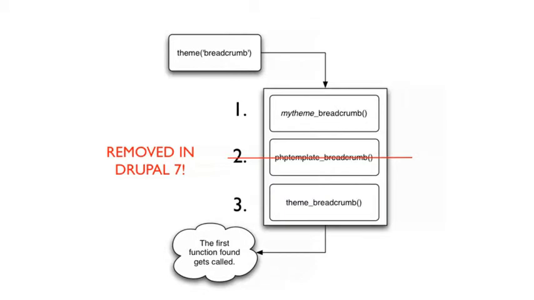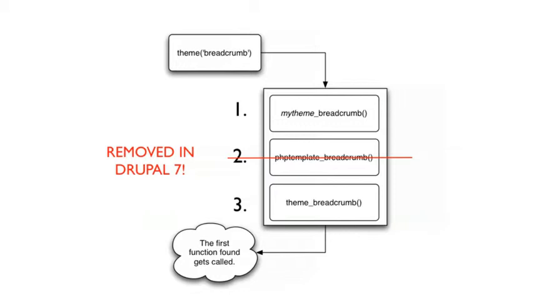So the way Drupal looks at theme functions is, in a module, theme breadcrumb is written, and immediately it looks and says, hey, does the current theme have any specification about what that means? So it looks for my theme underscore breadcrumb. If it finds it, great, it uses it, and that's the output.